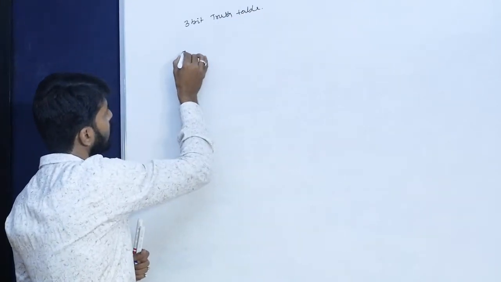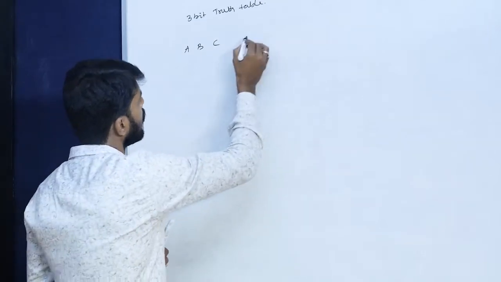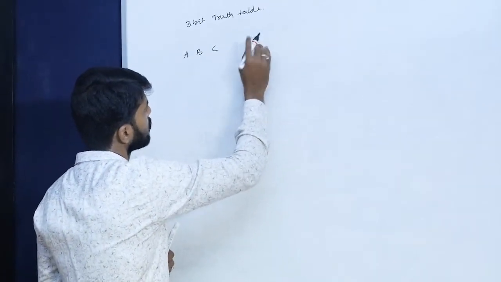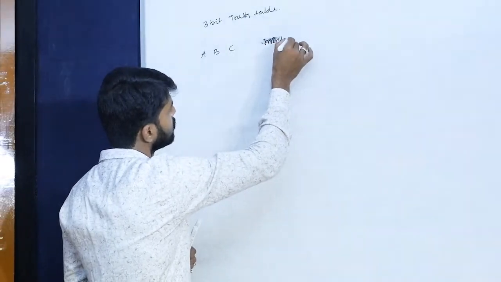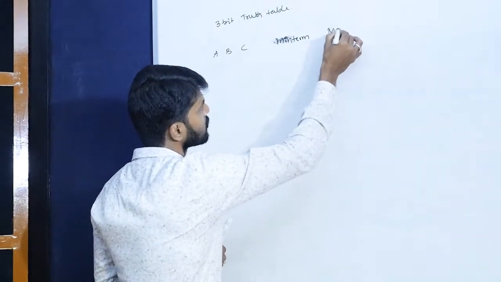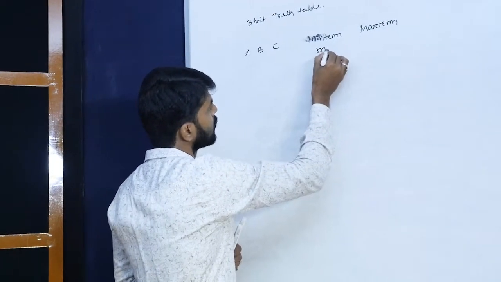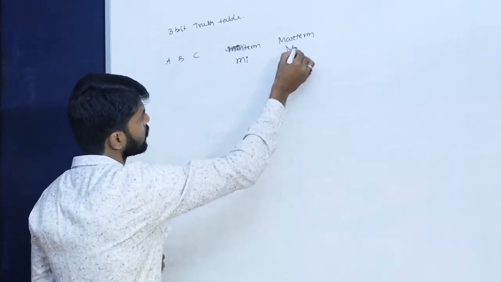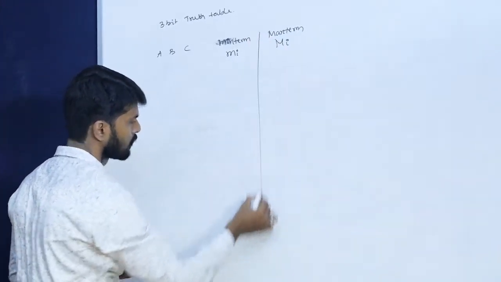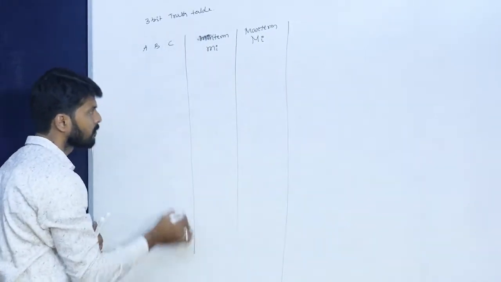Here I will use A, B, C, and here I will represent the minterm. Here I will represent the maxterm. The minterm is represented with a small m, and the maxterm is represented with a big M. Now we will see how to represent the minterm and the maxterm.